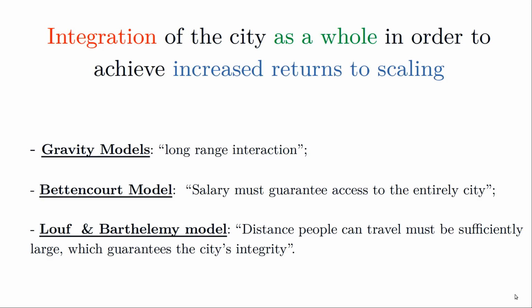So the main result here is that we have different kinds of models, but all of them get the same result, that we must integrate the city. So superlinear scaling is in fact a consequence of people being completely integrated in the city, in order to have a socioeconomic production that increases with the size, right?